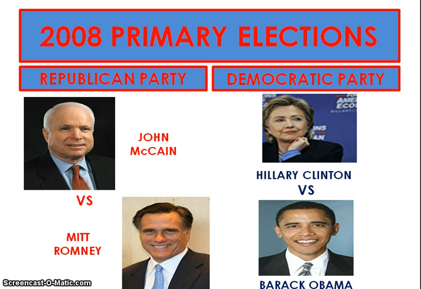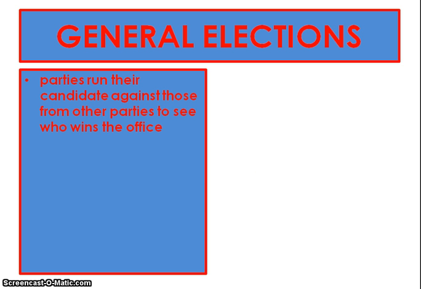Okay, now general elections, on the other hand, are where parties run their candidate against those from other parties to see who will actually win the office. So this is the election in which we actually choose the winner. And so now you have a Republican versus Democrat election, and also any third-party candidates that could exist.